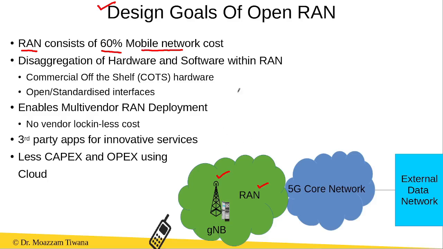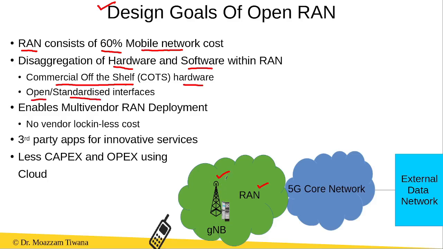Now, in the Open RAN, the hardware and the software of a GNB is disaggregated in such a way that instead of proprietary hardware, you can use the commercial off the shelf hardware, which is much cheaper, and the interfaces between the various components of the GNB are open and standardized.